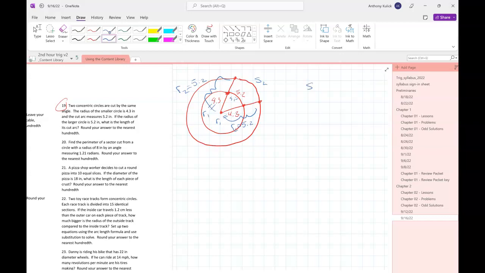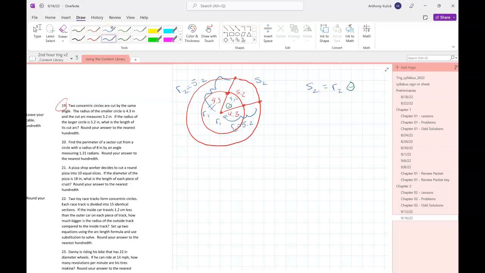All right, so I know that S2 is equal to R2 times theta, and the key observation here is that theta is going to be the same theta for the little circle and the big circle, right?